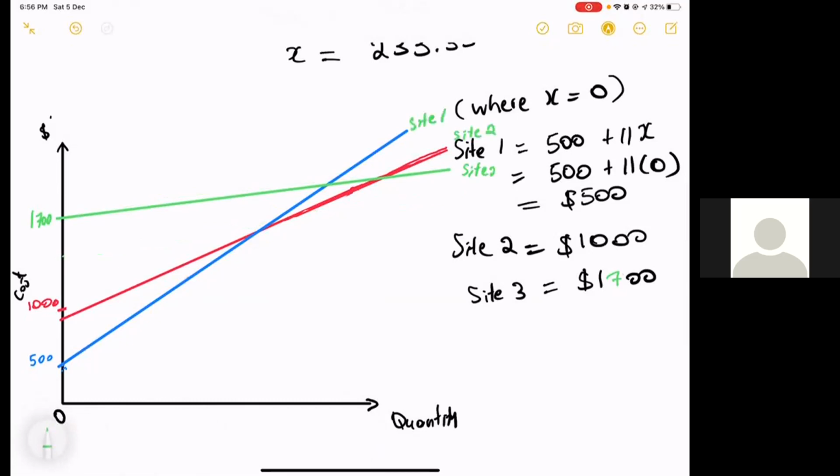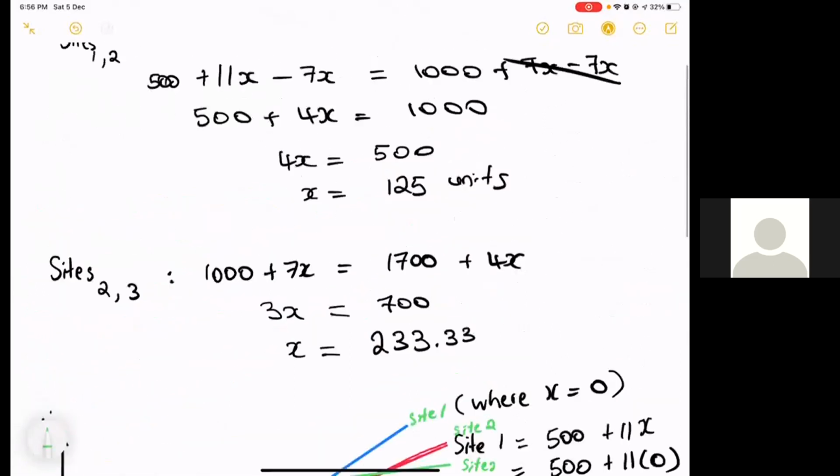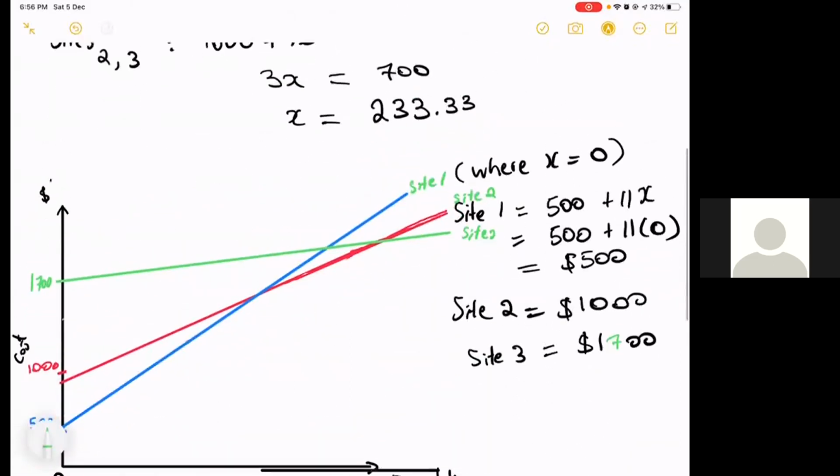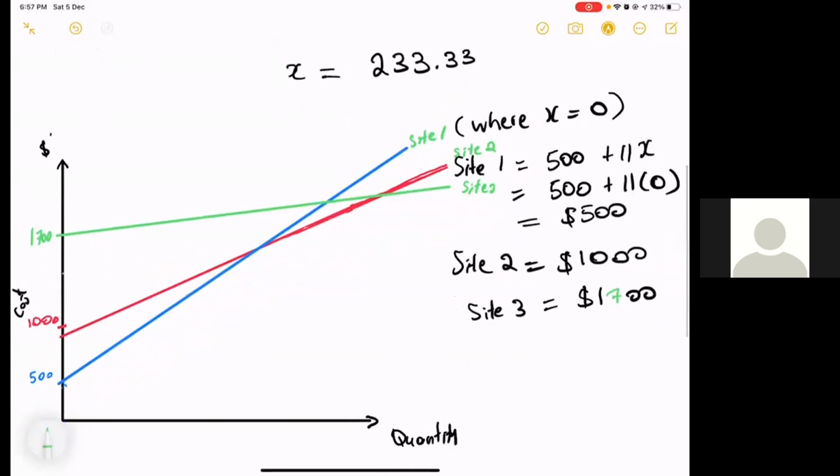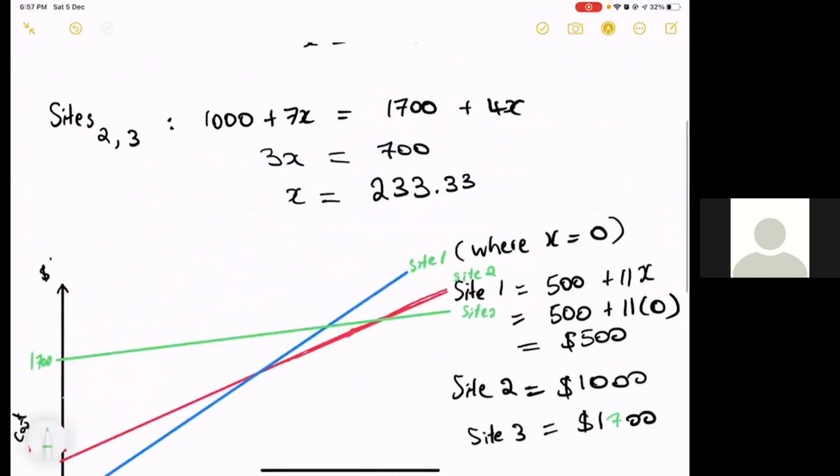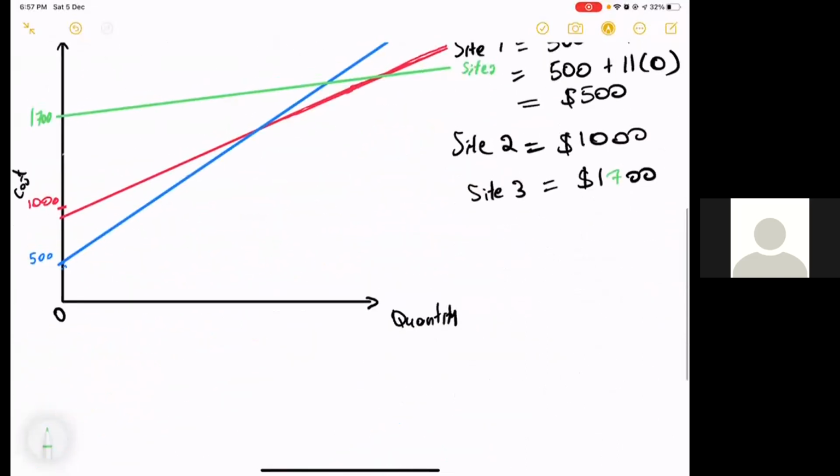So we know that sites 1 and 2 will intersect at the point at which x is equal to 125. So let's say that this is 100. This is 100 right here. And so we know that they intersect at 125.